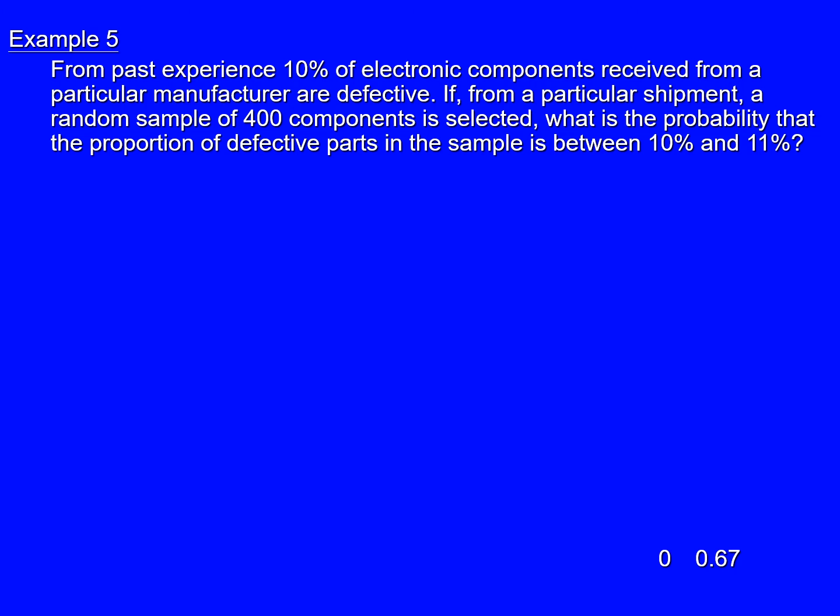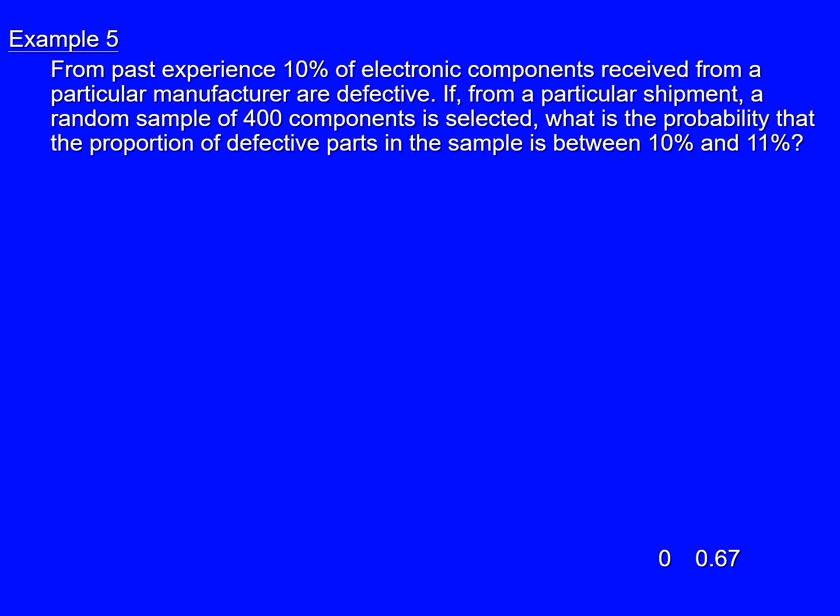If from a particular shipment, not the whole population, a random sample of 400 components, the sample size n, is selected, what is the probability that the proportion of defective parts in the sample is between 10% and 11%?